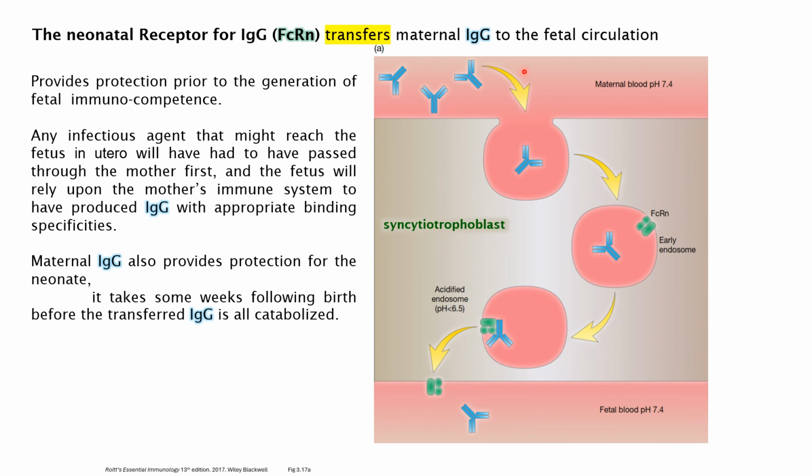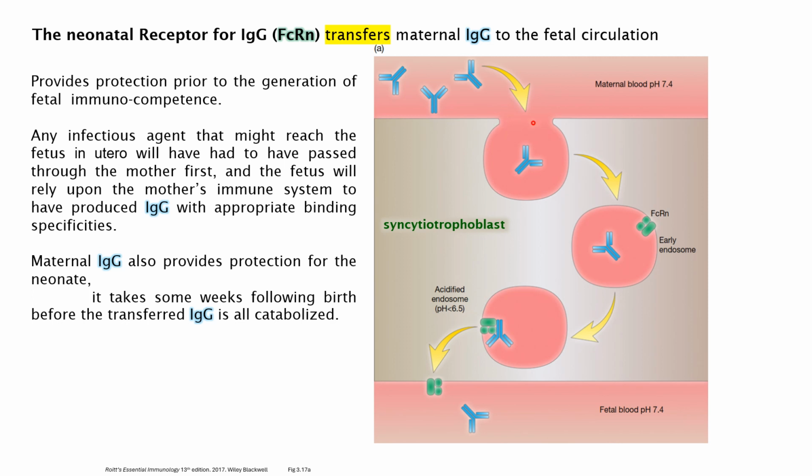As for the fetal stage, maternal IgG antibodies circulating in the blood with a pH of about 7.4 have to cross the syncytial trophoblast to reach the fetal blood. And in order to do that, the neonatal receptor for IgG, shown in green here, is required for this transport.